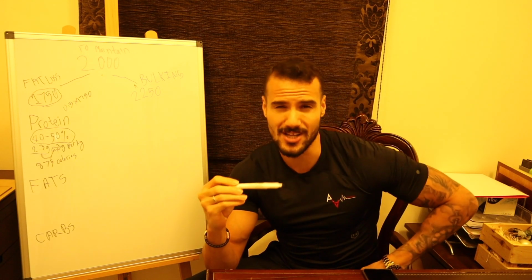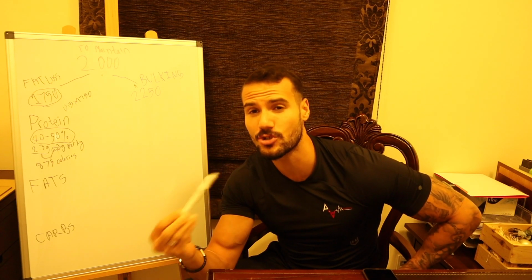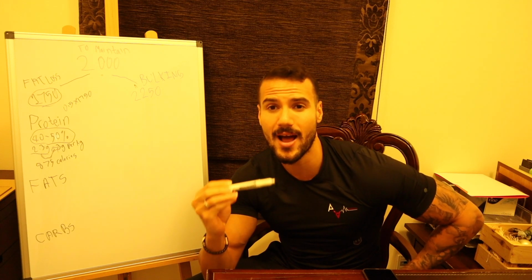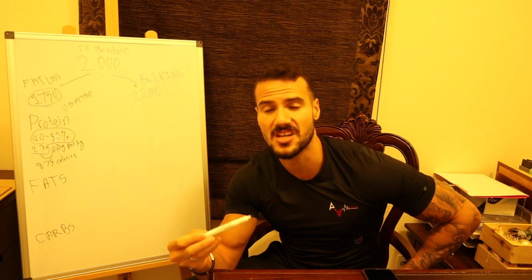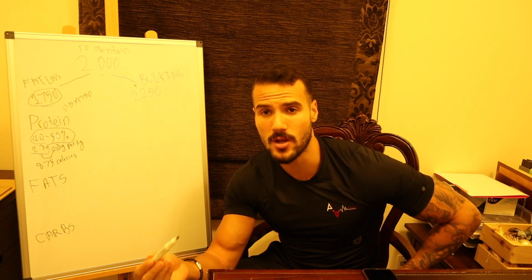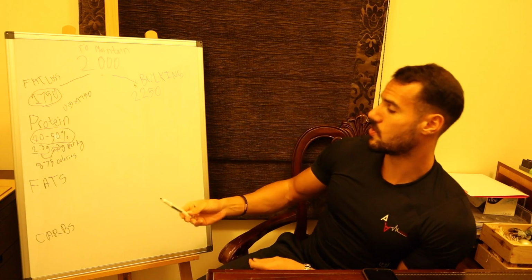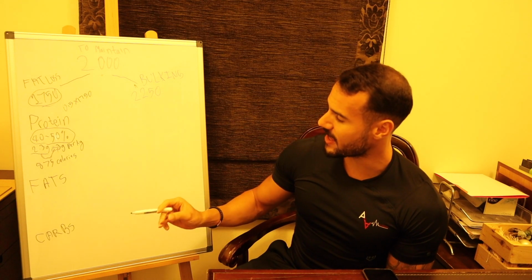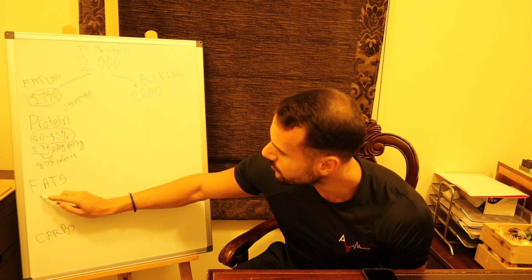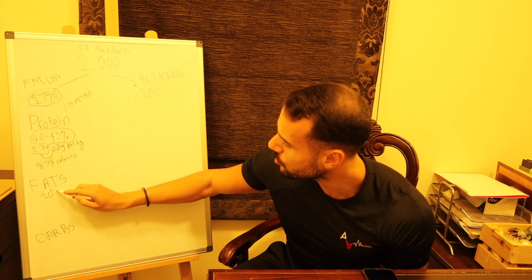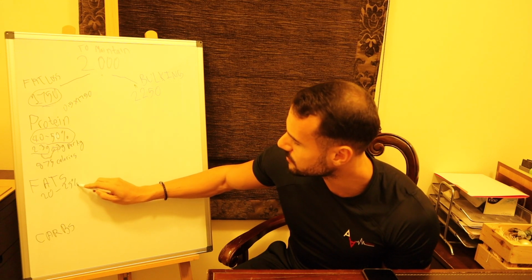Carbohydrates are going to be extremely low. Fats are going to be a little bit high as a source of energy. Of course, what I mean by fats are healthy fats like avocado, unsalted nuts such as almonds, a little bit of olive oil, and omega-3 and all of that. The amount of fats that you will need is around 20 to 25%.